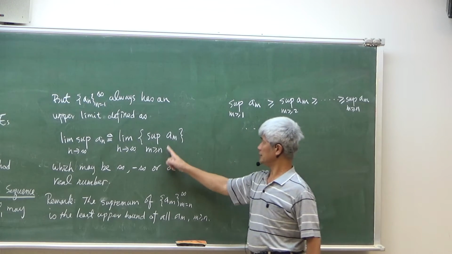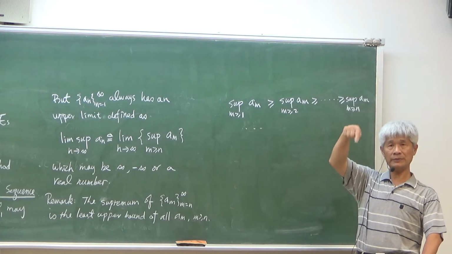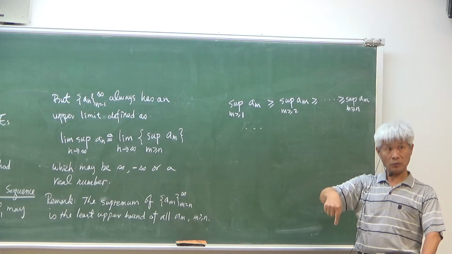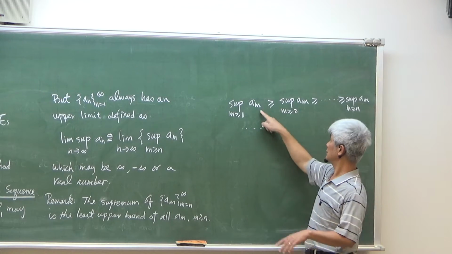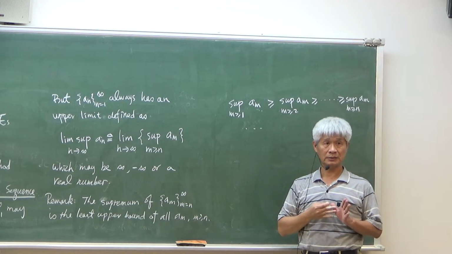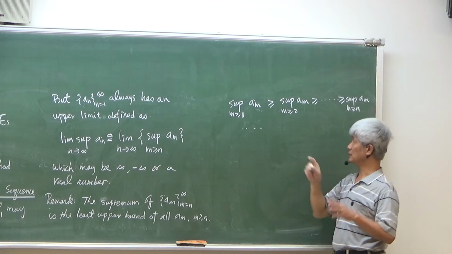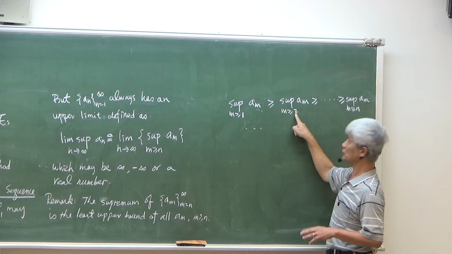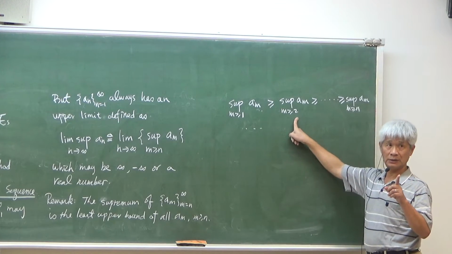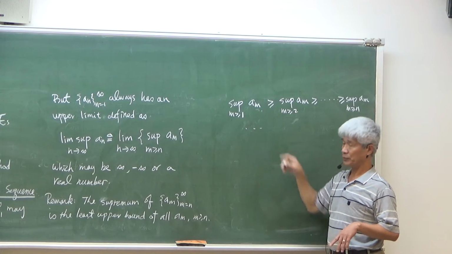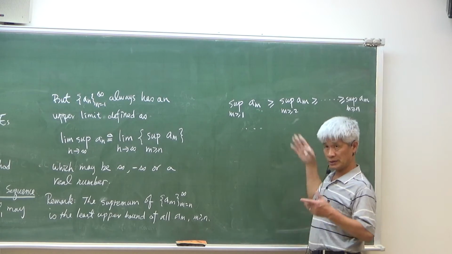So as n goes on, the supremum will go down. Okay? It becomes smaller and smaller. You know why, right? Because in here you have more numbers to take the upper bound. With this one you have one less number. You begin with n greater than or equal to 2, but here it begins with n greater than or equal to 1. So the supremum, in principle, is decreasing. So you have a decreasing sequence.